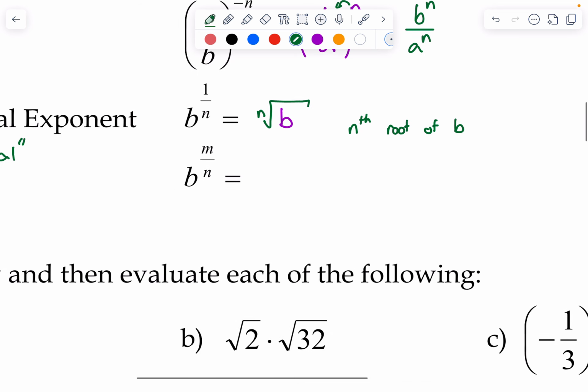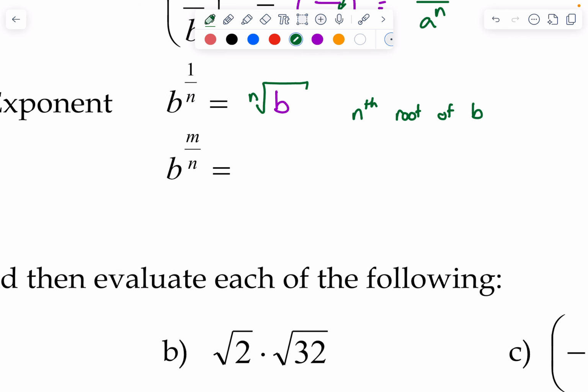Well, when you are given a fractional exponent, but in this case we have an m here, let's first talk about the n. You see that we still have an n on the bottom? Well, that's going to be the exact same thing. So we're going to have nth root of b. But the only difference between the first example and the second one is this m that we see here.